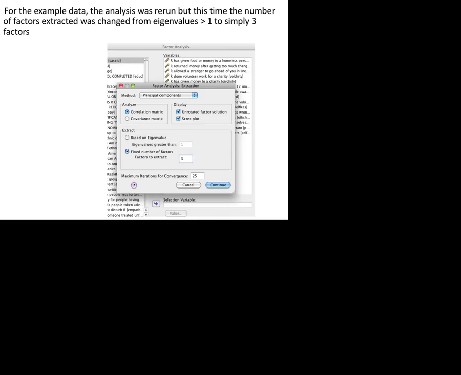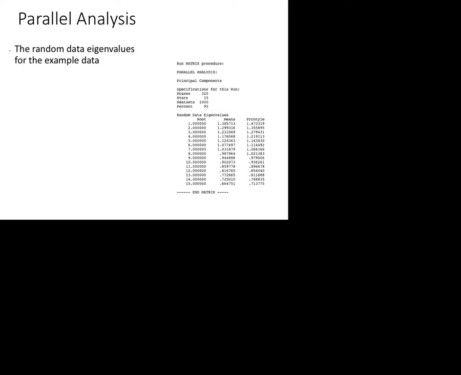How about the fourth component? What is it? 1.146. And what do we have for the fourth in the random data? 1.219. That's considerably less, by 0.1-ish. So I'd find it difficult to add that fourth component because it is far enough below the 95th percentile.